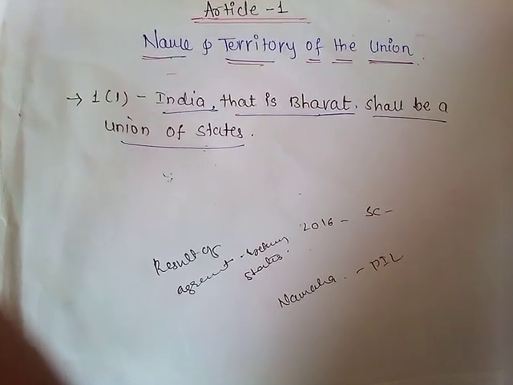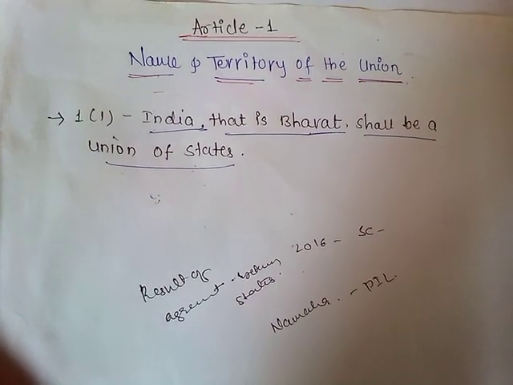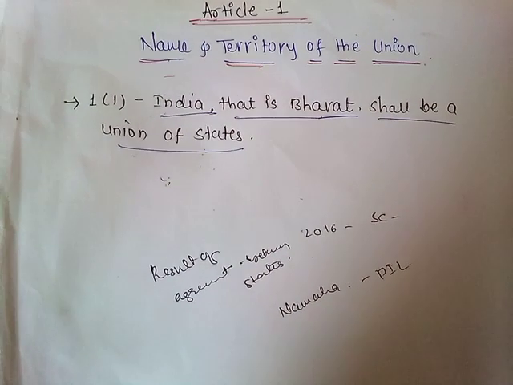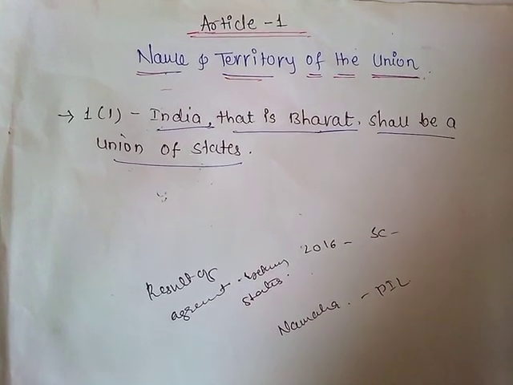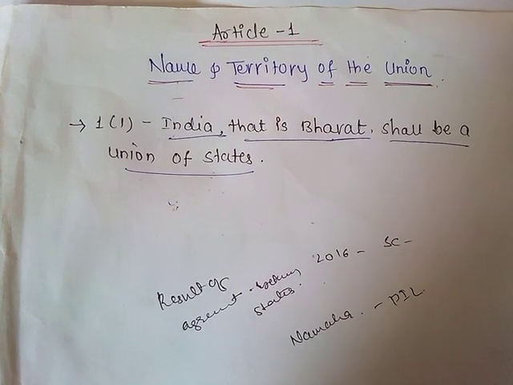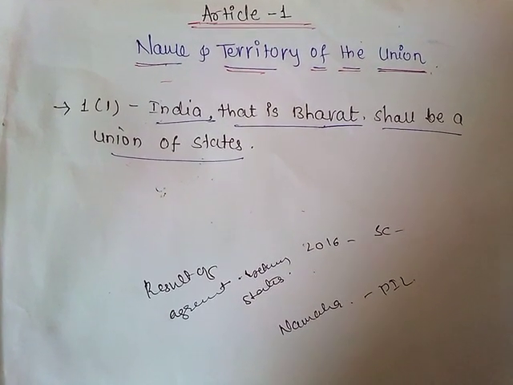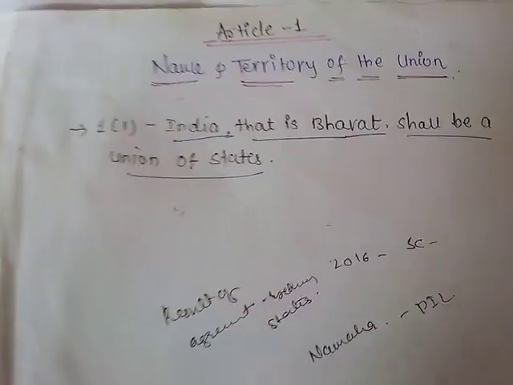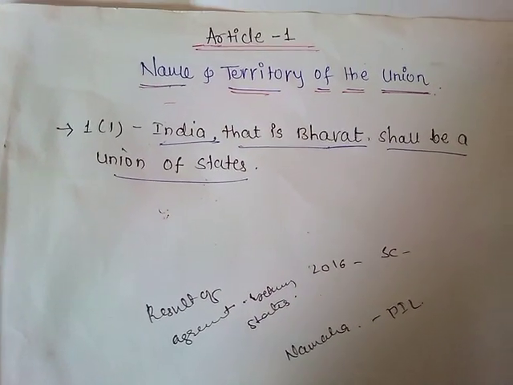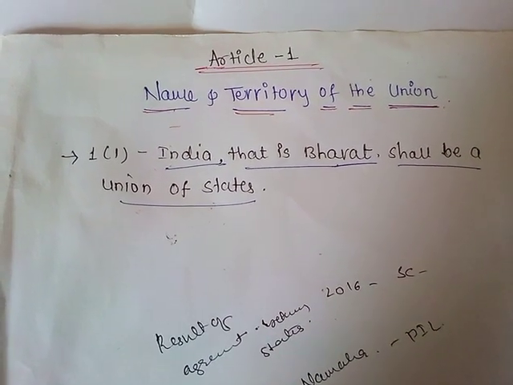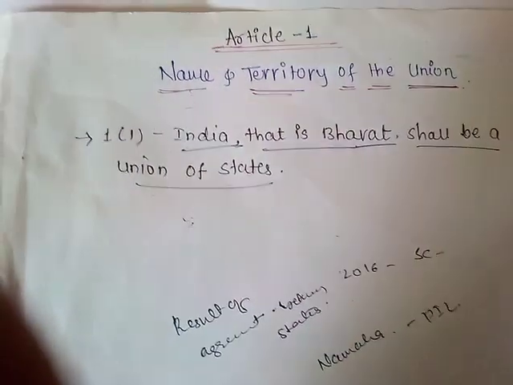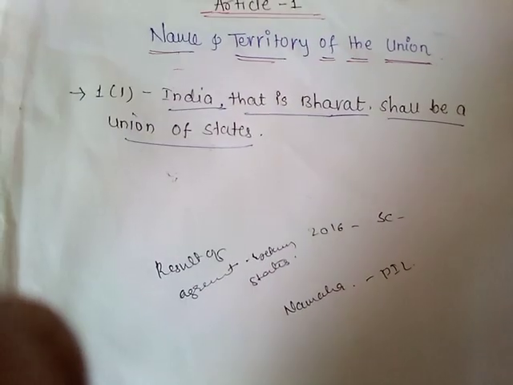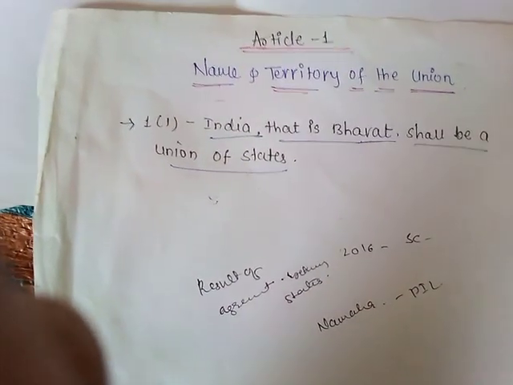That is why we call it a federation of states, because the US has been created because of an agreement between these colonial states. But that is not the case of India. These princely states gave up their sovereignty and merged with the Union of India.